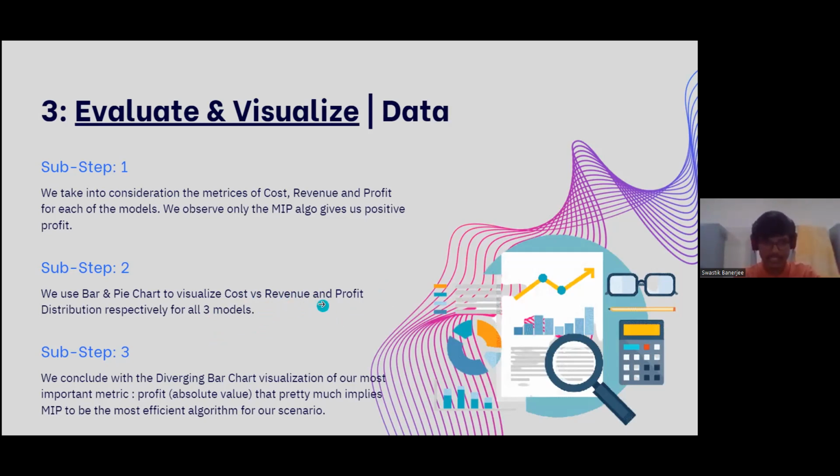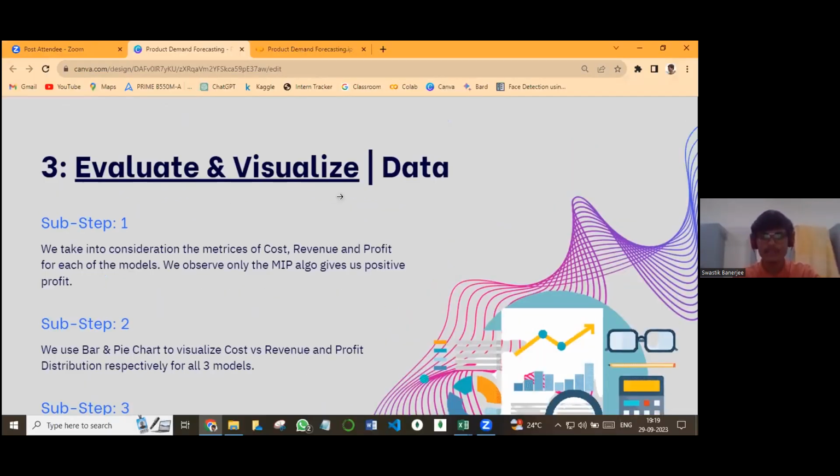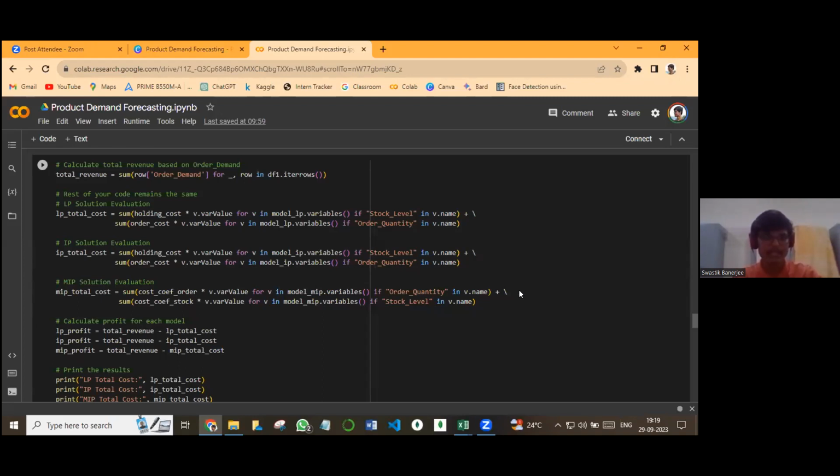And lastly, the most important metric that we have is profit. We'll take the absolute value for all of them, and then we'll compare the net profit that each algo generates. Then we'll conclude on our key findings in a report sort of manner.